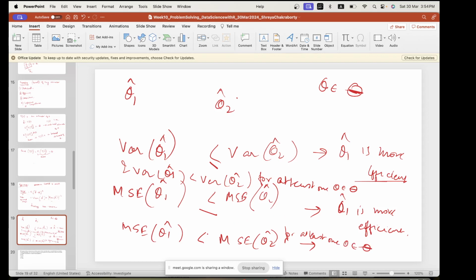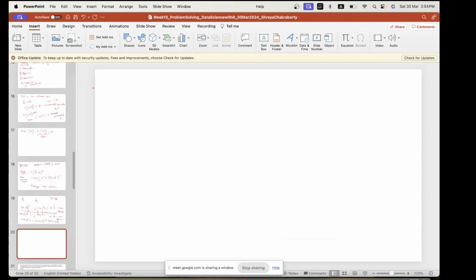Now, how do we calculate the relative efficiency? The efficiency of theta 2 hat relative to theta 1 hat is given by, since efficiency is 1 by variance, 1 by variance of theta 2 hat over 1 by variance of theta 1 hat.